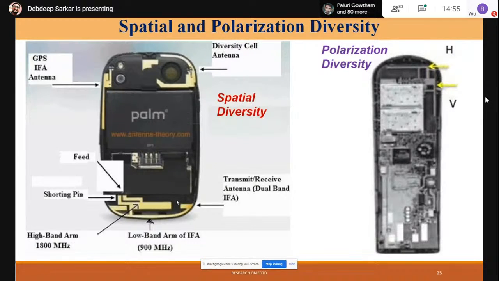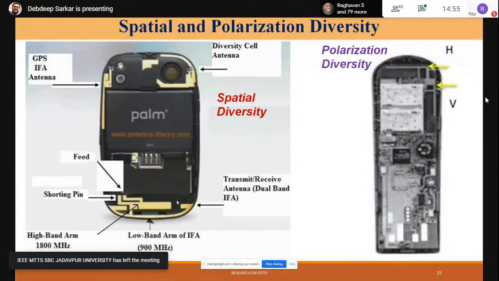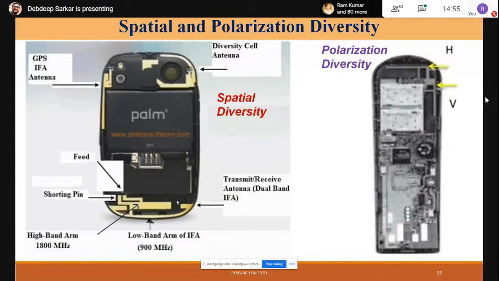So the challenge starts for MIMO antenna designers: you have to put multiple antennas, which sounds fine, but you also have to ensure that the antennas are not talking to each other. We have to ensure the correlation is very low in terms of port-to-port coupling. We talk about the S21, which has to be minimized, and not only the S21, there is also the envelope correlation coefficient. That part I will come to.